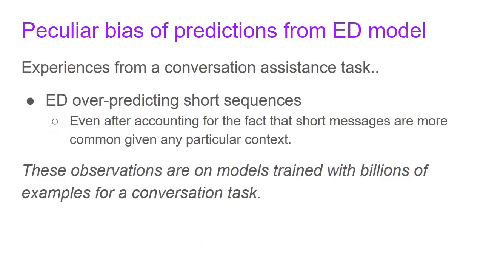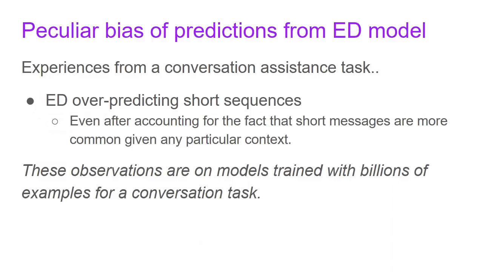And again, we observed this when we were trying to train a model for conversation assistance. During this period, I was doing my sabbatical at Google, and we had lots of data, billions of examples, and we trained a task for conversation.